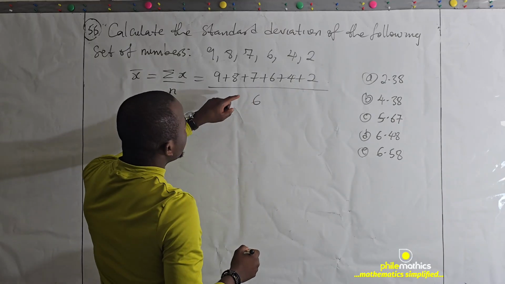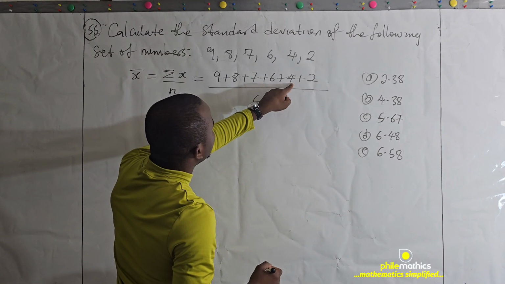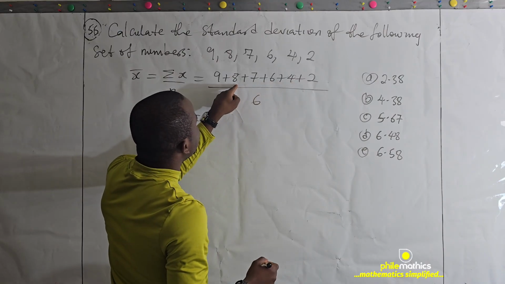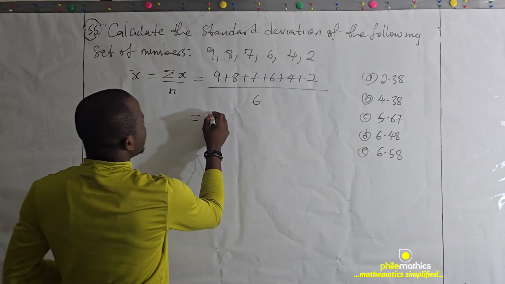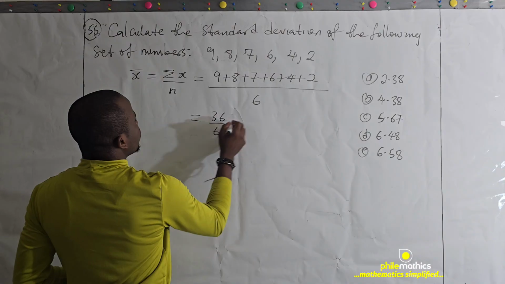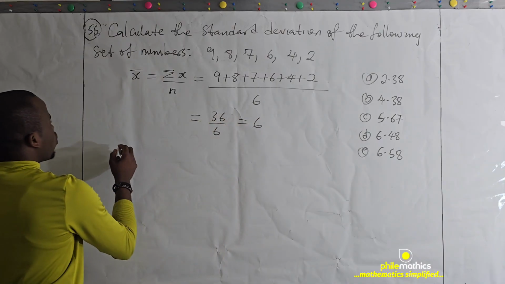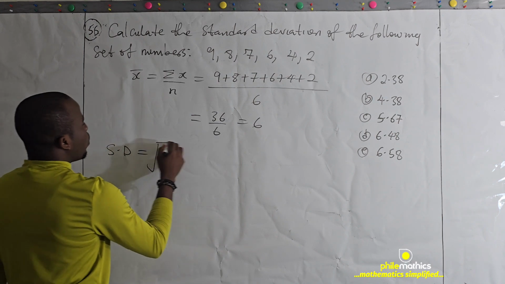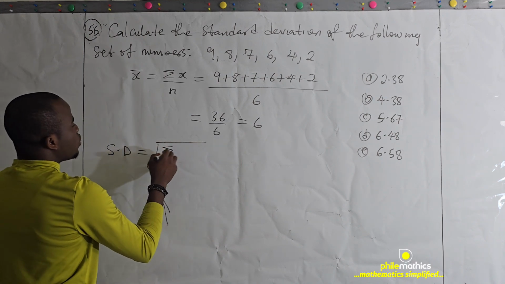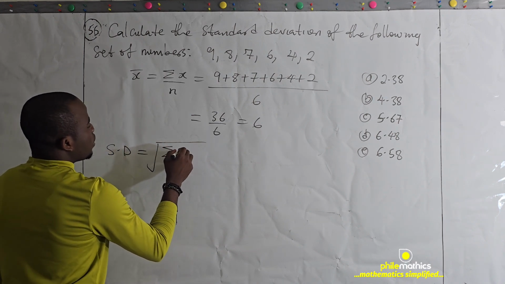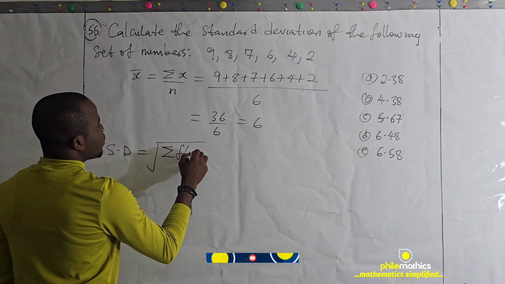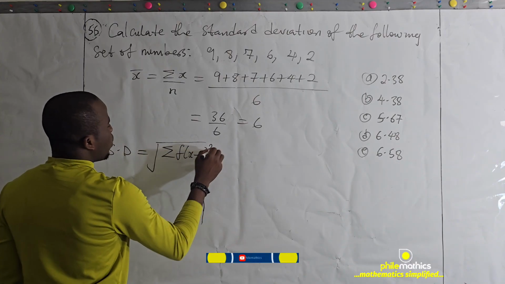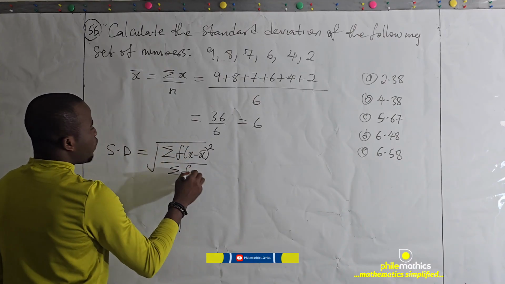So this is 10 plus 10, 20, 29, 36. So this is 6. So standard deviation is simply the square root of variance, which is summation of f x minus x bar square over summation of f.